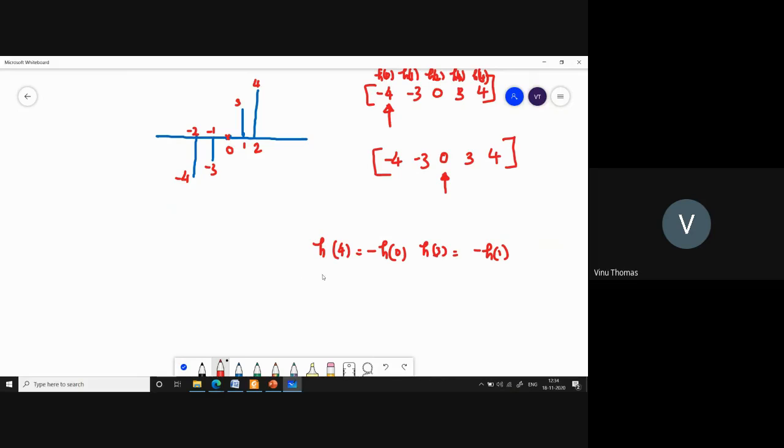So therefore, the frequency response can be written in this form. That is h of 0 into e raised to minus j omega 0 plus h of 1 into e raised to minus j omega 1 plus h of 2 into e raised to minus j omega 2 plus h of 3 into e raised to minus j omega 3 plus h of 4 into e raised to minus j omega 4. Right? So this is how we relabel this.